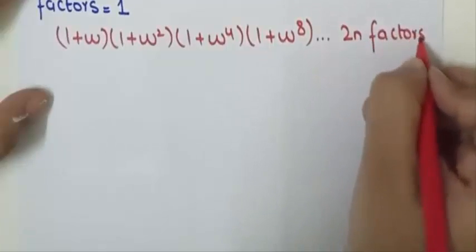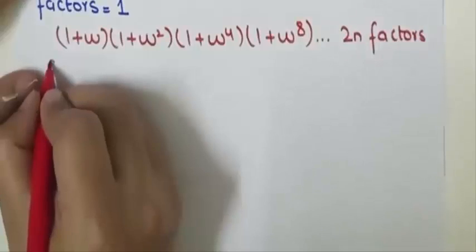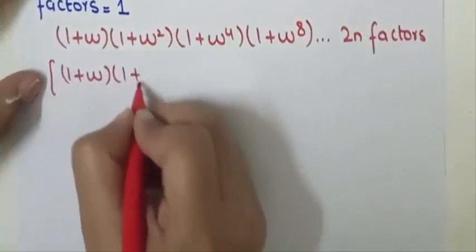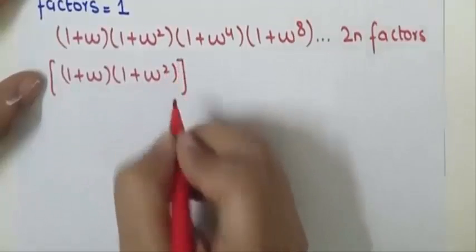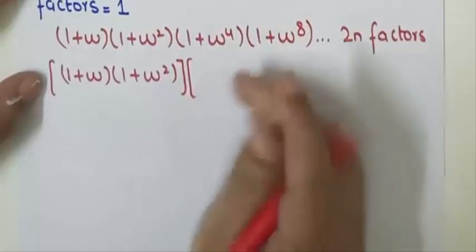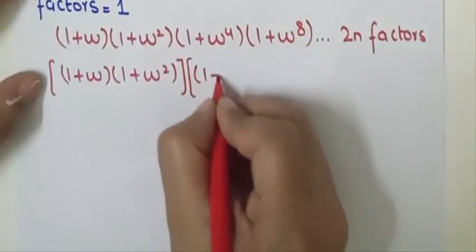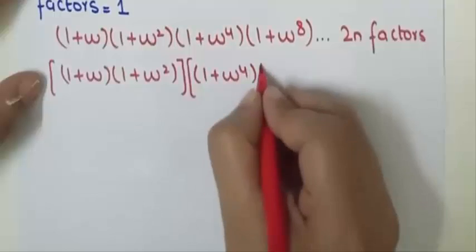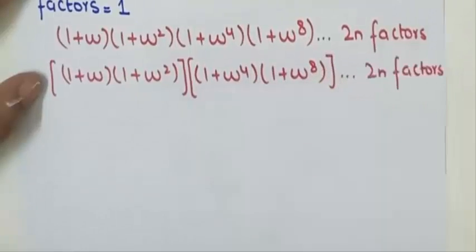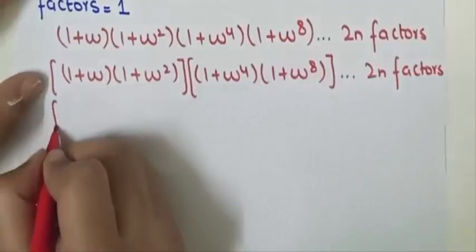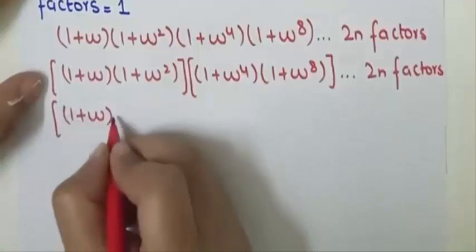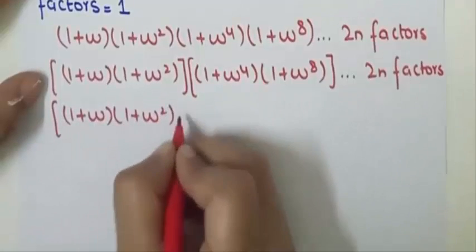This is our left hand side. Let me write it as 1 plus omega into 1 plus omega square inside one bracket, and we write the other two terms inside the other bracket, and we have 1 plus omega 4 into 1 plus omega 8. So 1 plus omega, we will write as it is, 1 plus omega square.